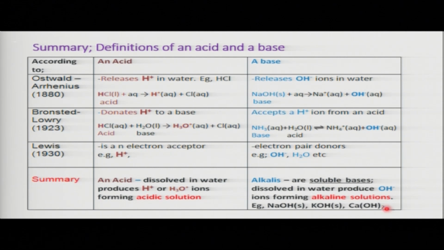So what is the overall summary? The summary is an acid, provided it has hydrogen ions. I think that is very clear. You see what is very, very common in here? Hydrogen ion, hydrogen ion, hydrogen ion. Alkalis, they should have OH. You see what is common here? OH, OH here, and OH here.